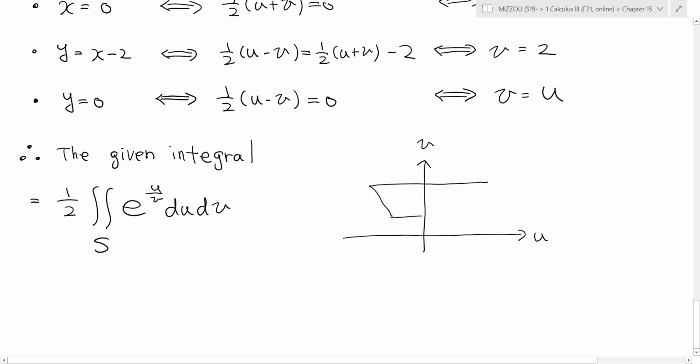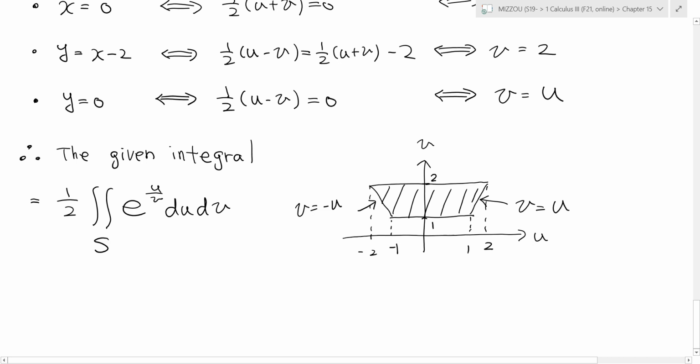It's another trapezoid looking like this. This line is v is equal to u, here v is equal to negative u, and then v is equal to 2, and v is equal to 1. So you double integrate this.